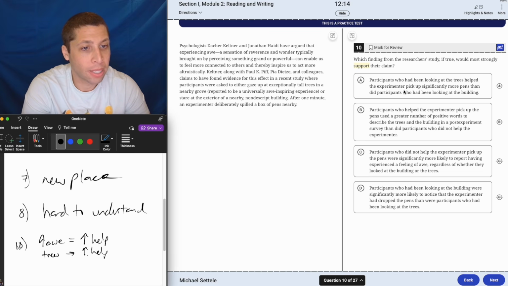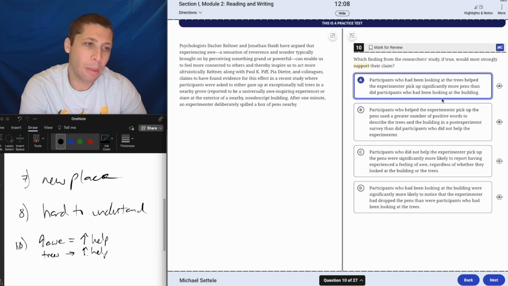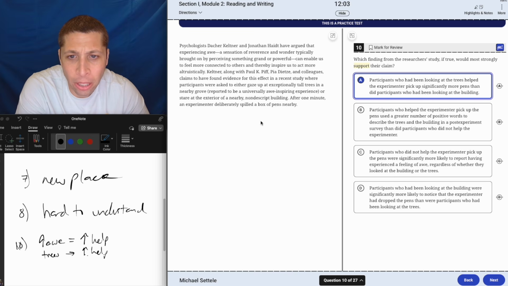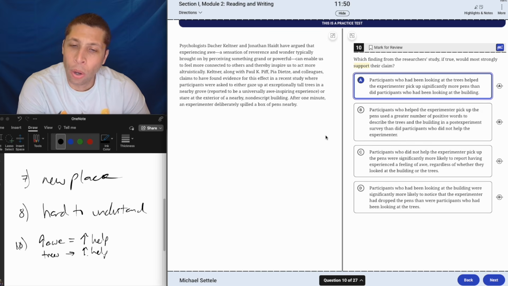Participants who had been looking at the trees helped the experimenter pick up significantly more pens than did participants who had been looking at the building. That seems right. Are we counting the pens? Let's keep going. Participants who helped the experimenter pick up the pens used a greater number of positive words to describe the trees and the building in a post-experiment survey than did participants who did not help the experimenter. But their claim, right?